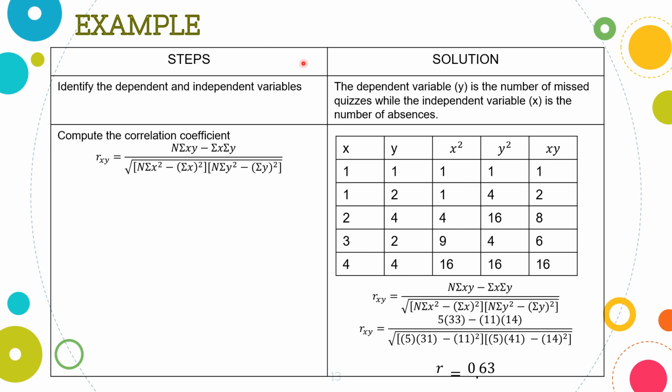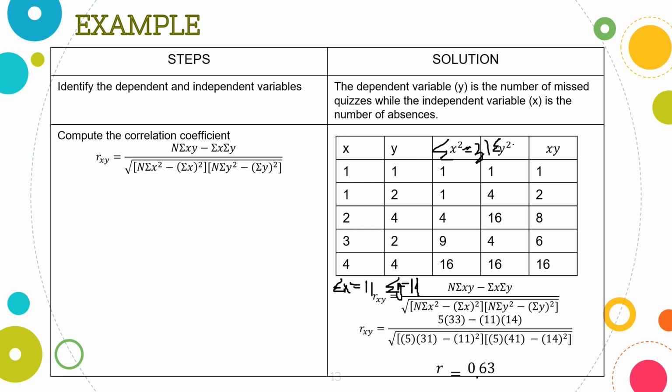Wherein, the summation of x here, class, is 11, summation of y is 14. Summation of x squared is 31.